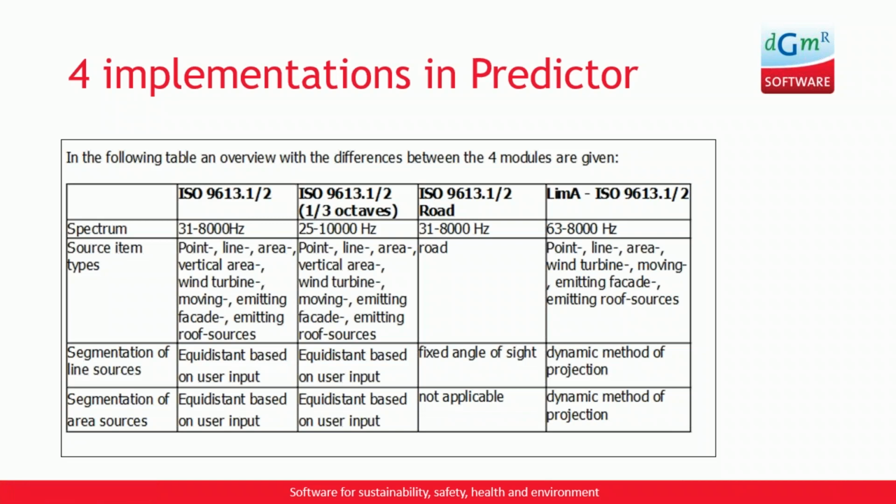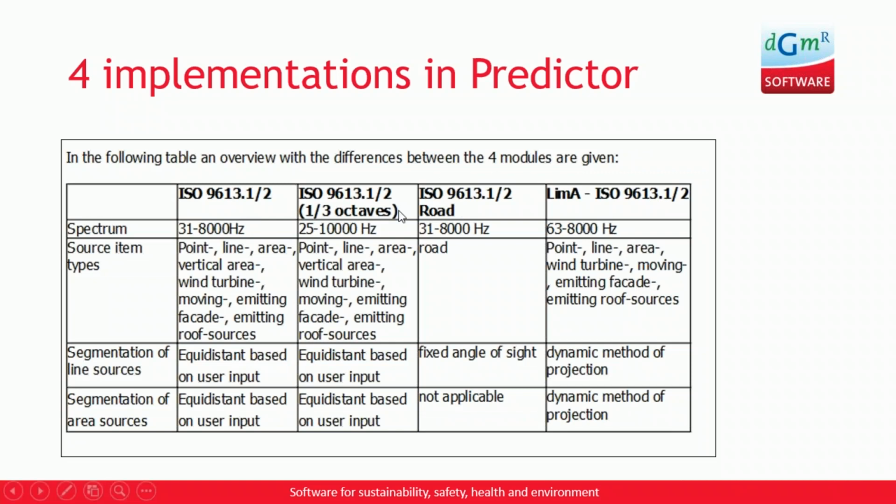in 2001, when we joined forces with Stapelfeld, the developers of LimA, we decided to add a fourth implementation, the LimA ISO implementation, to Predictor, because at that time the LimA ISO implementation had benefits over the original Predictor implementation, let's say the Predictor implementations.